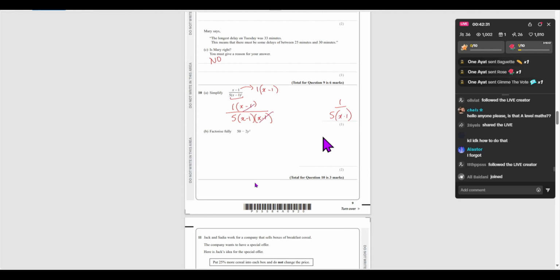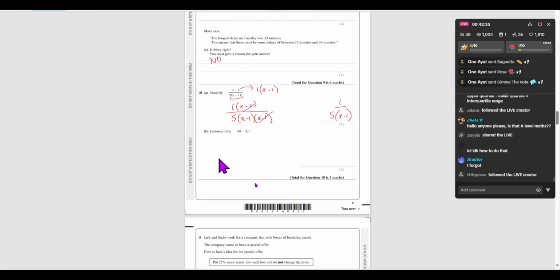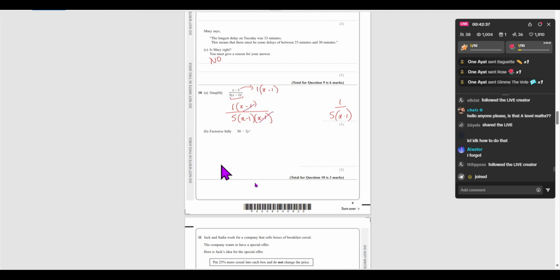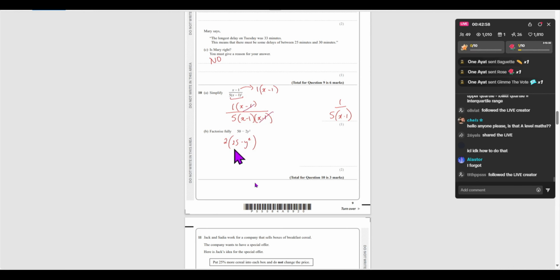Now we need to factorize fully 50 minus 2y squared. Does anyone know how to do this? The first step we need to do is that we take out the 2, so we get 25 minus y squared. Now, after we've done this, you'll notice that we have a difference of 2 squares.